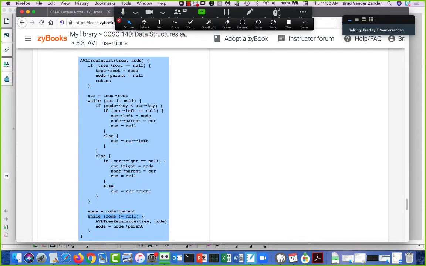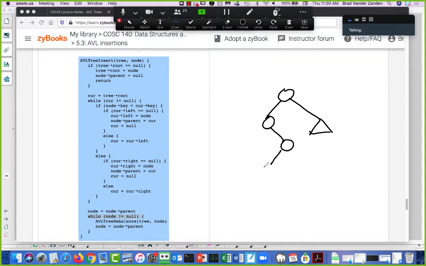Let's say this was how the rebalancing was done. So let's say that this is the newly inserted node right here. The only nodes that we are going to check to rebalance is this one, its parent. Actually, we won't check this one because we know it's balanced. So we're going to start at node's parent.